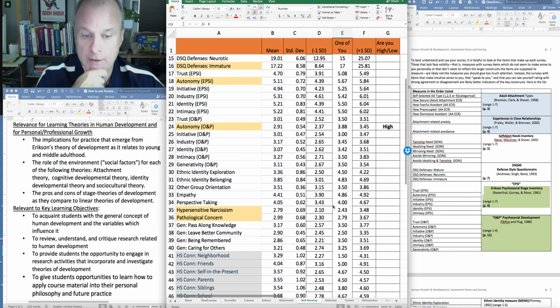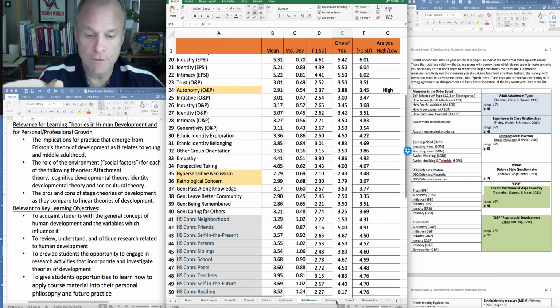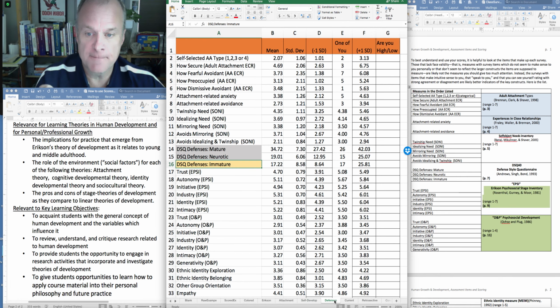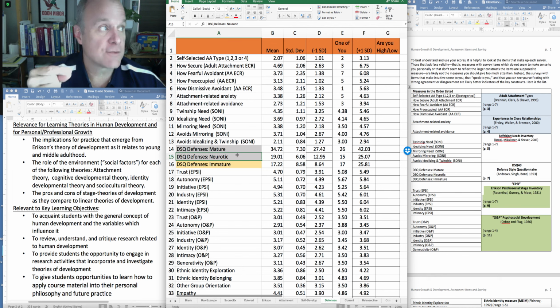So, okay, let me go now to one other thing on the defenses. Neurotic defenses, right? They are theorized to evolve after self-development processes have occurred. So the neurotic defenses are actually tied to one of Erikson's stages, which is the stage of initiative versus guilt.